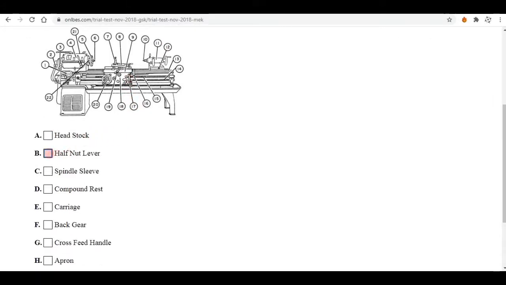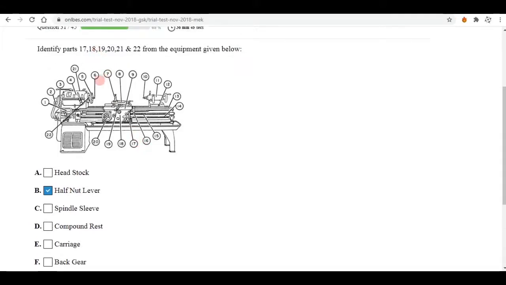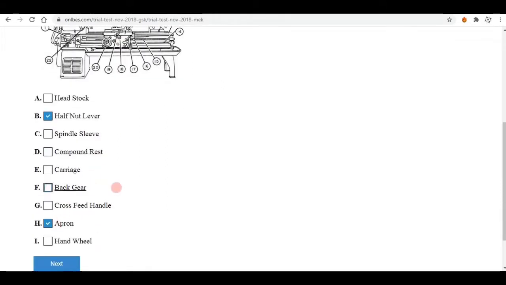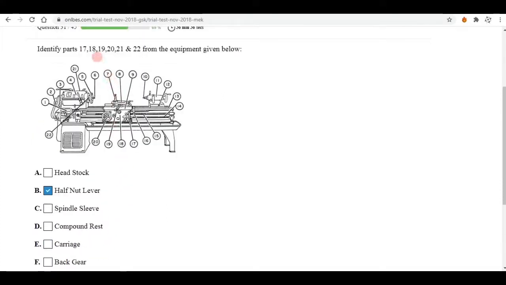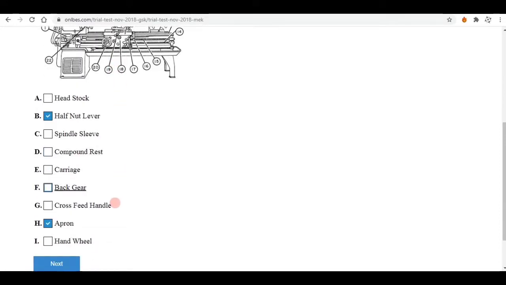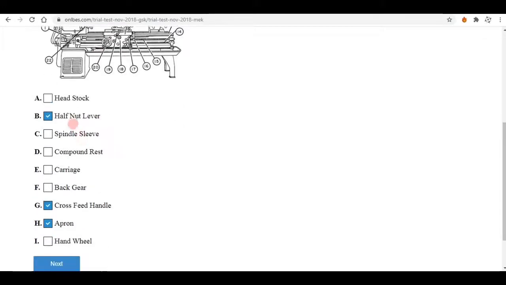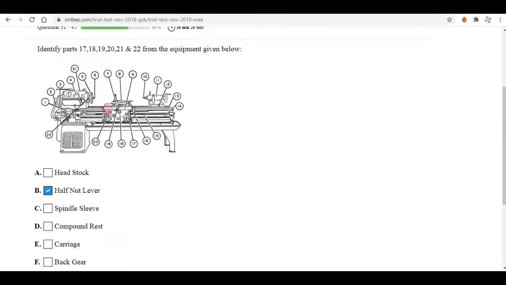You have to tick here. Okay. Then 18 is called the apron, the front part of a carriage. Then 19 is the cross feed handle. Okay. Then 20th is the hand wheel.